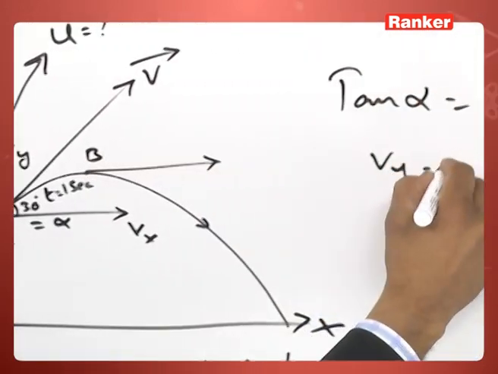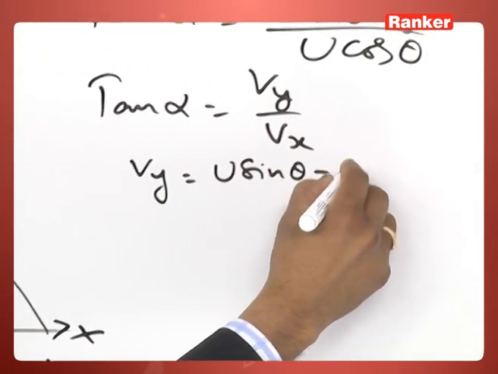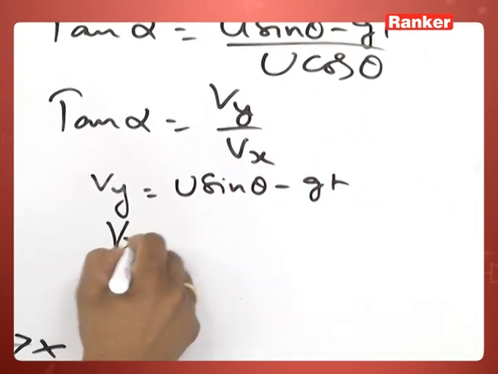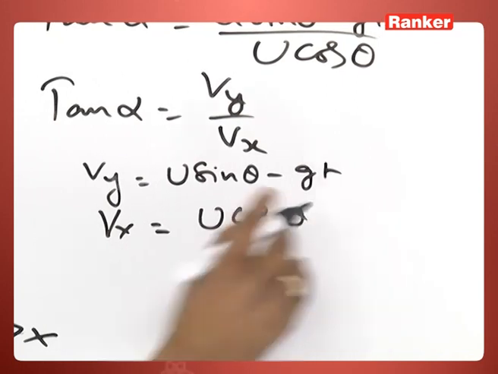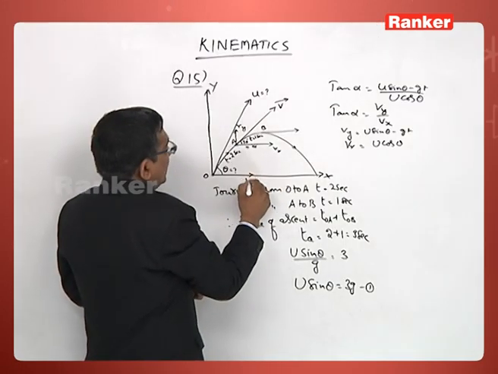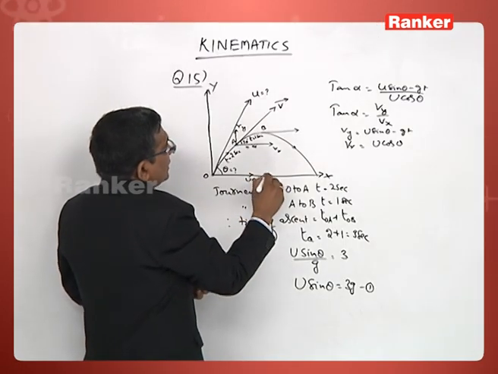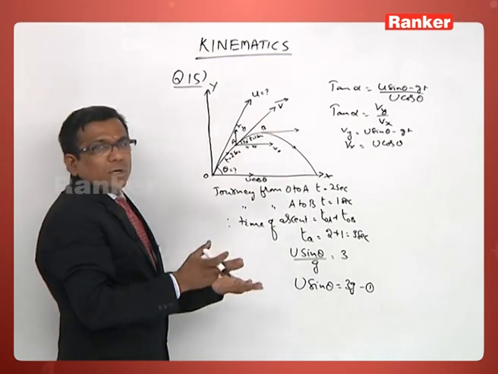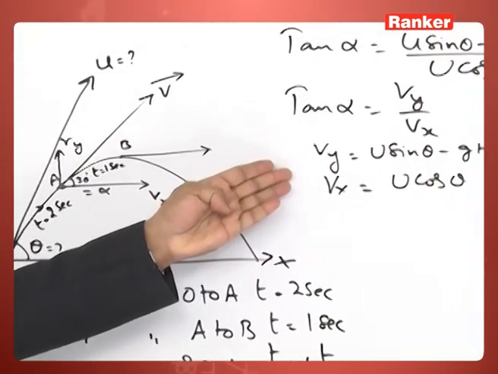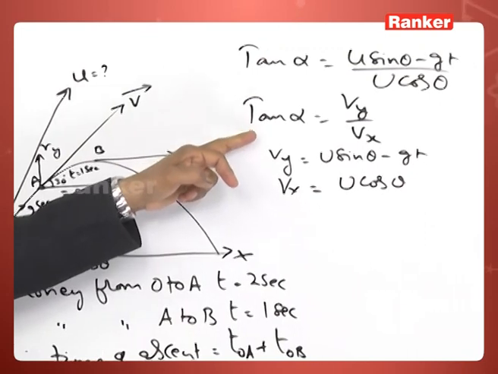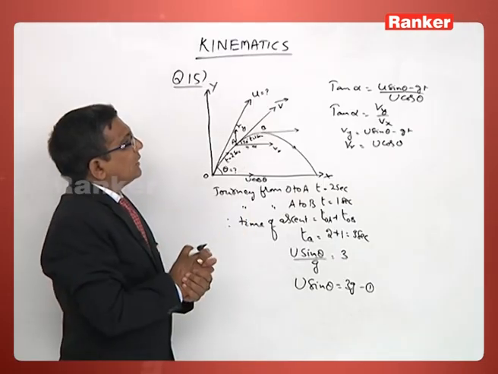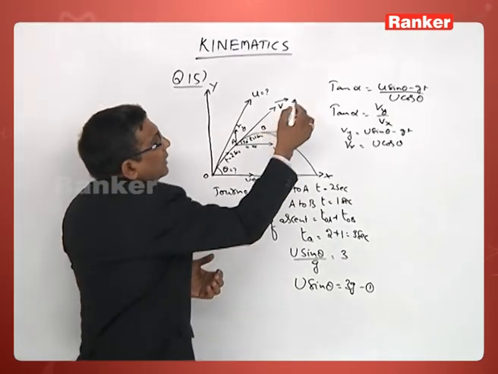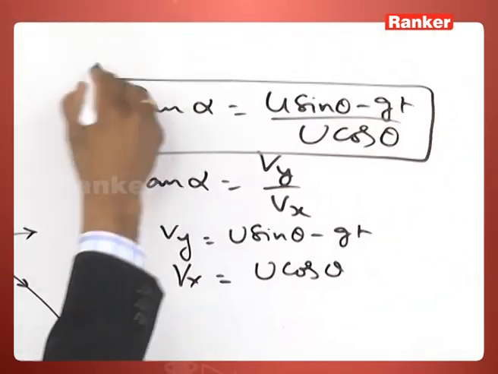Vy is u sin theta minus gt, and the velocity component in the horizontal direction remains the same, u cos theta. Here also it will be u cos theta. These are the two fundamental points that you have to remember. Then tan alpha is (u sin theta minus gt) by u cos theta. This formula is useful in solving the problem.